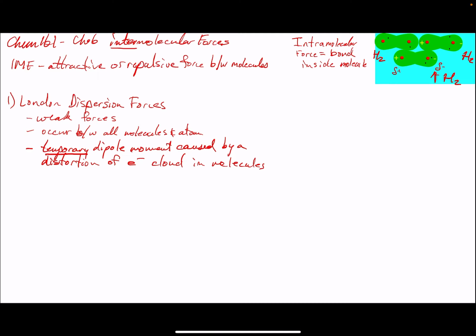Okay, so the electron clouds can distort with time, and when there is this distortion, we have some shift in the electrons, pushing minus charges as a delta minus on one side and a resulting delta plus on the other side. And now we have a reason that these might attract other delta pluses that have been temporarily generated on neighboring molecules nearby. Okay, so that's a nice visual for that one.